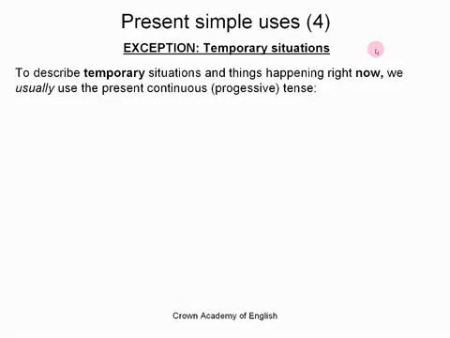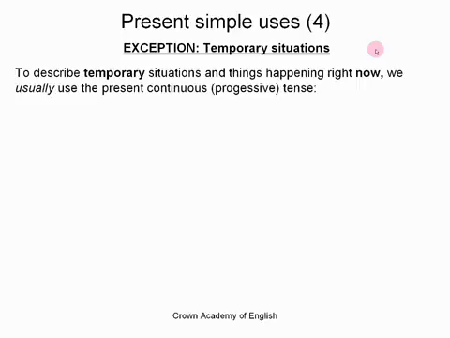There are a few exceptions where we use the present simple tense to express what is happening now in a temporary situation. And that's what we're going to look at now. But don't worry, there are only a few examples of this happening, and you'll understand straight away, I think.